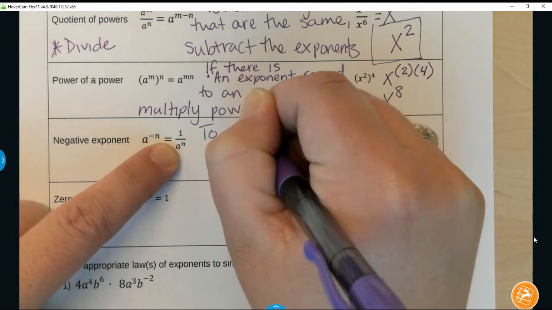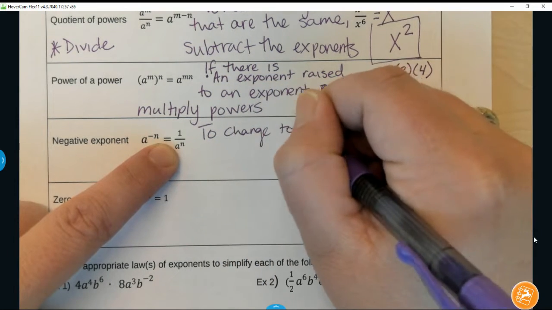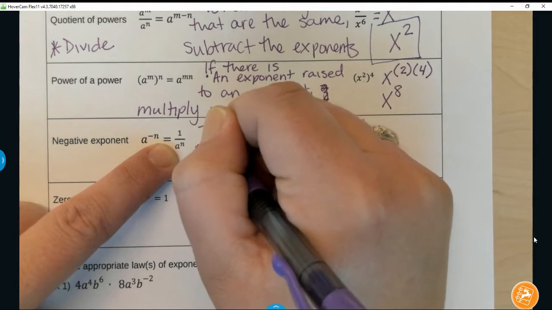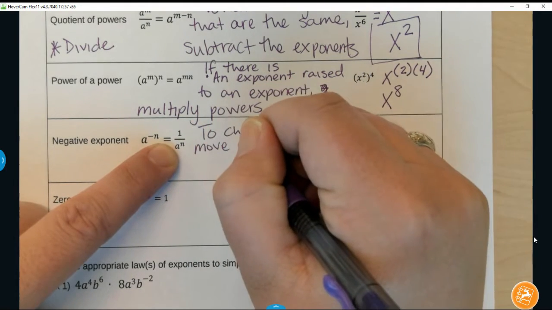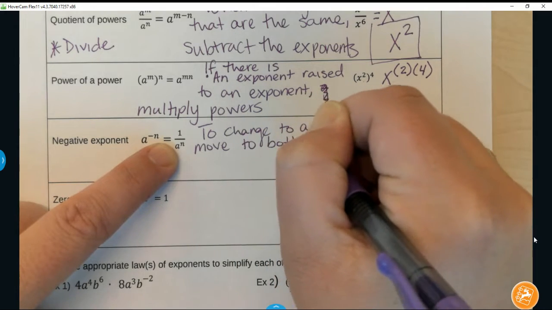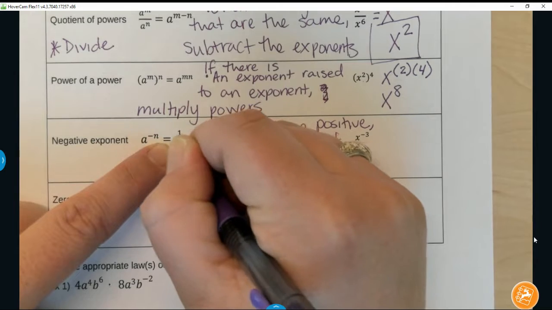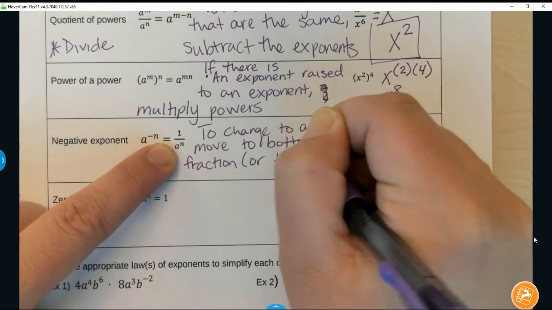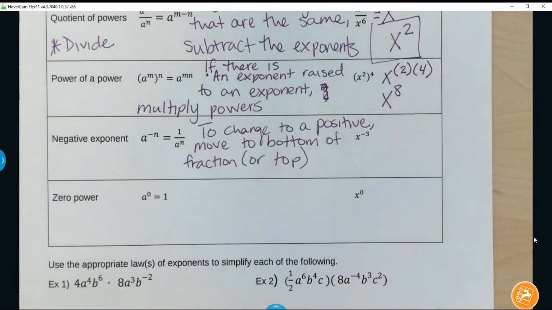So to change to a positive, move to the bottom of the fraction, or top if you need to, because sometimes they are in the bottom and you have to move it to the top.